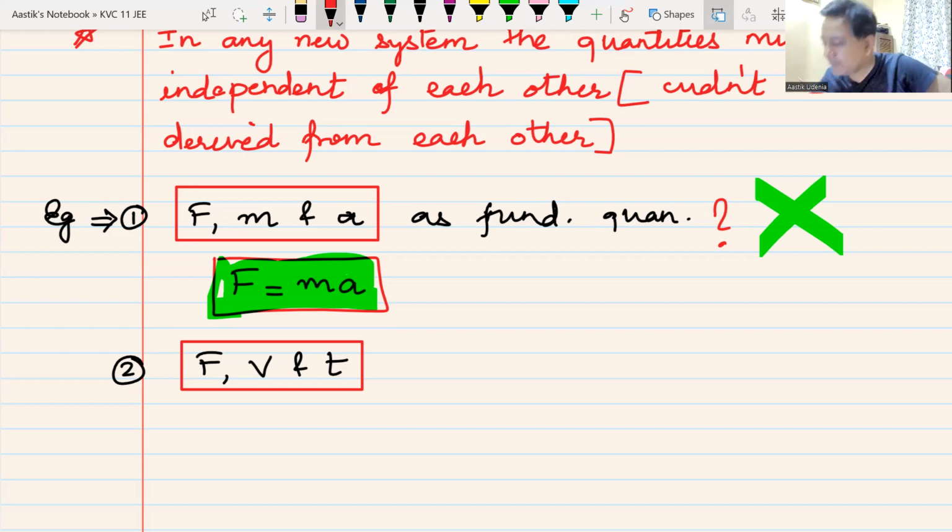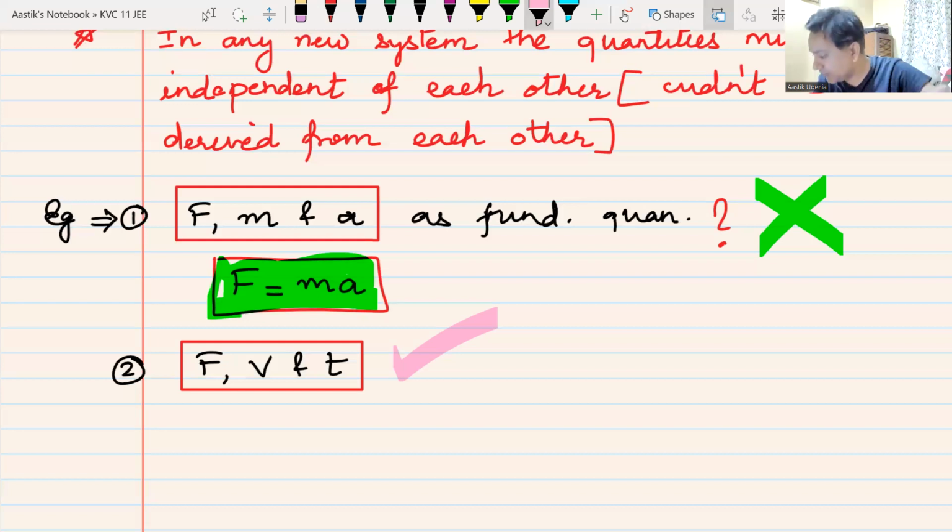Yes, we can have this system which has force, velocity, and time as the fundamental quantities because from velocity and time, whatever I do, I cannot derive force. From force and velocity, whatever I do, I cannot derive time. From force and time, whatever I do, I cannot derive velocity.